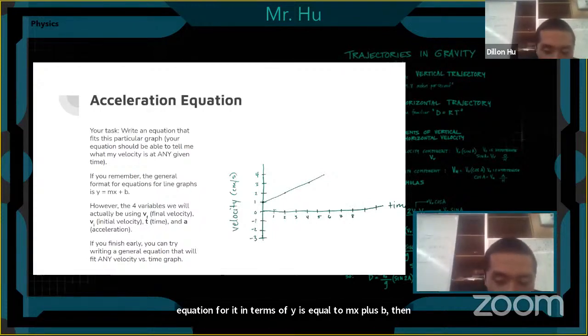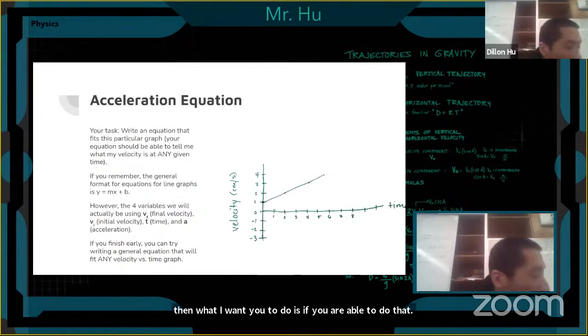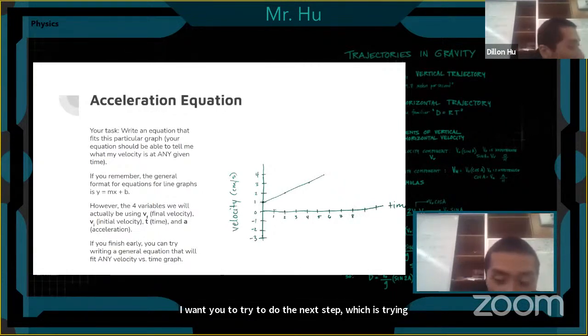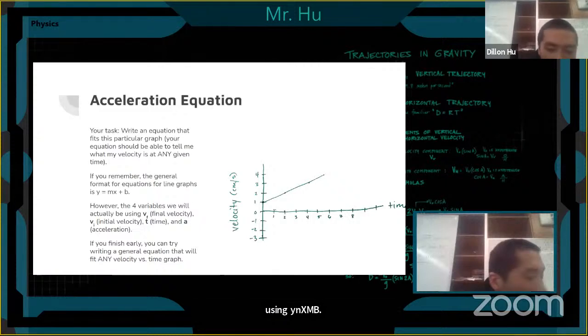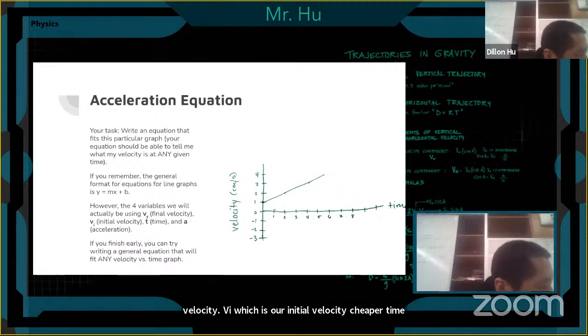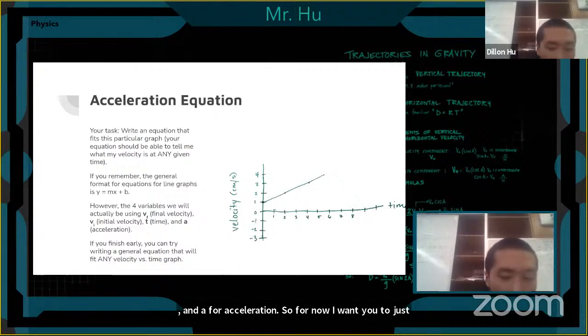Then, if you are able to do that, I want you to try the next step, which is to replace some of these variables with the variables that we will be using for our class. So instead of using y, m, x, and b, we're going to be using vf, which is our final velocity, vi, which is our initial velocity, t for time, and a for acceleration. For now, just ignore that part, and write a general equation in the format of y is equal to mx plus b.